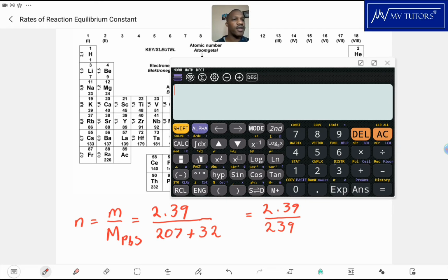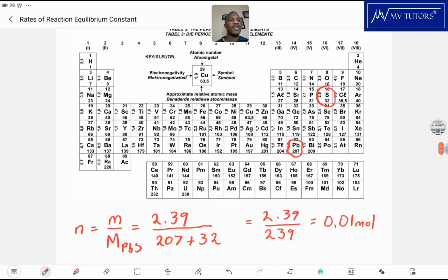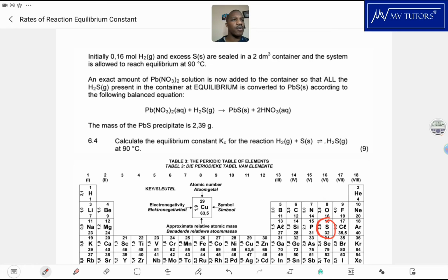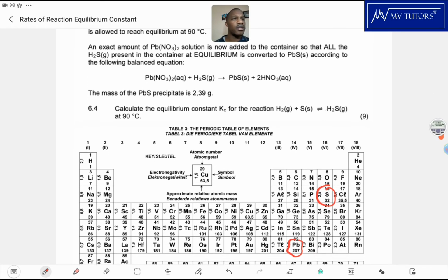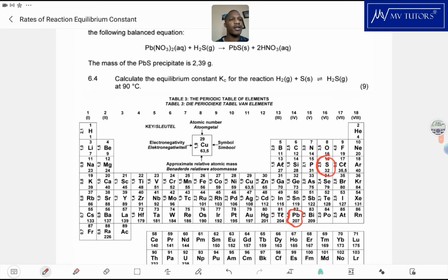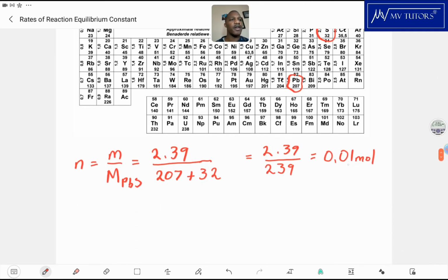And then from there I can say 2.39 divided by 239, and that gives me 0.01 mole. All right, so there we go. We've got our number of moles. Now we can go back to our equation and say for this one, H2, the number of moles is 1:1:1, which means all of them have that.